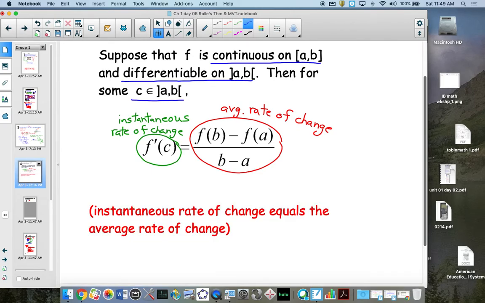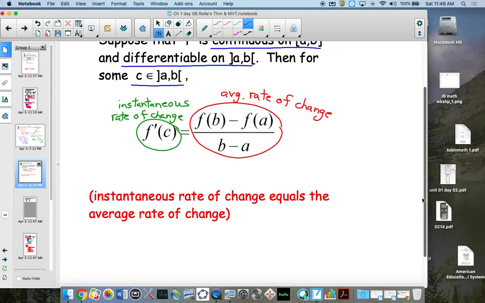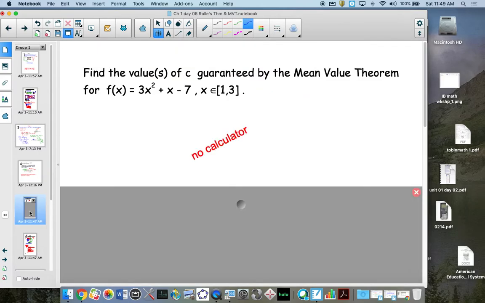Okay, so let's just go ahead and try and apply this idea to some examples. Find the value or values of c guaranteed by the mean value theorem for this function. And let's do this without a calculator. Okay, so first of all, we need to find the average rate of change.